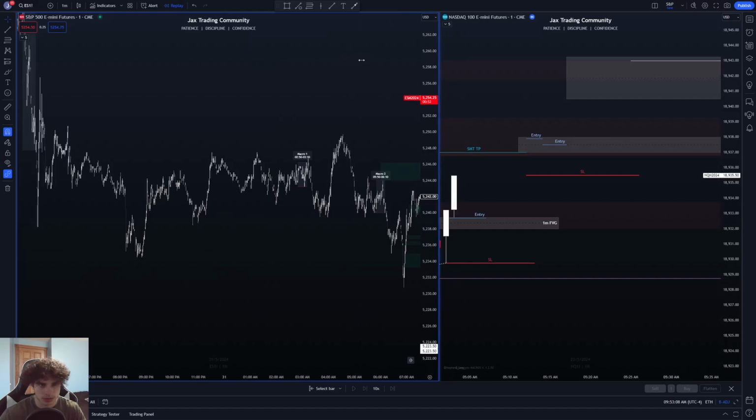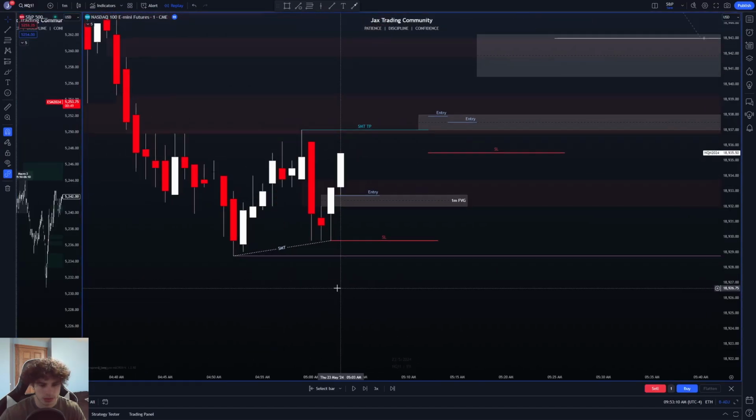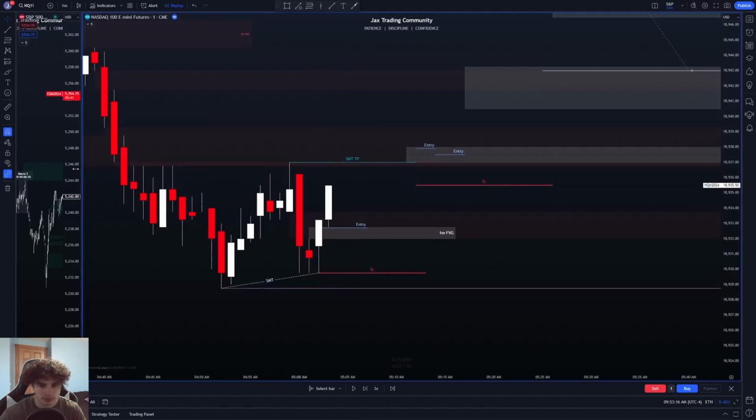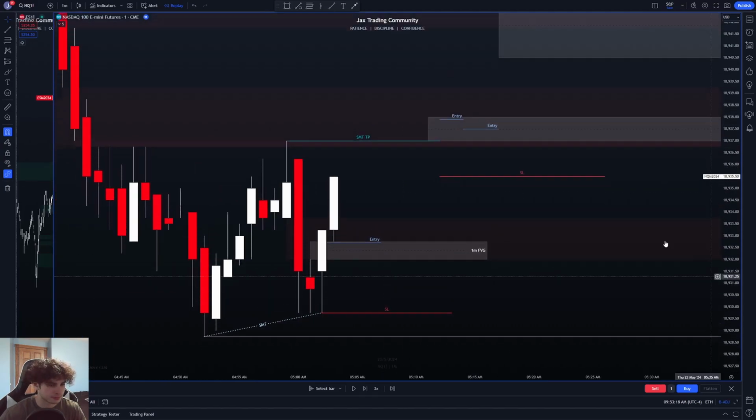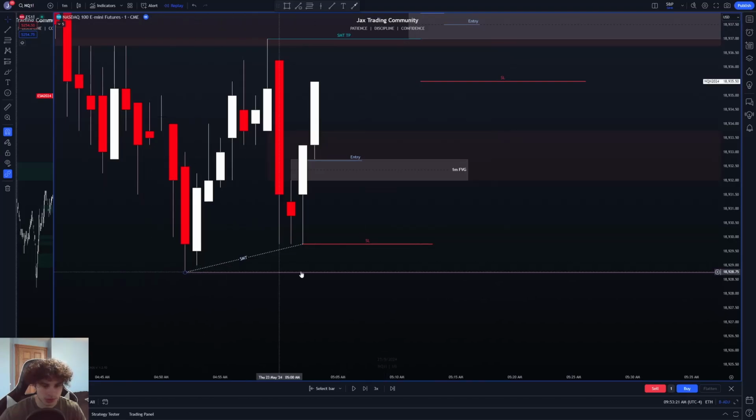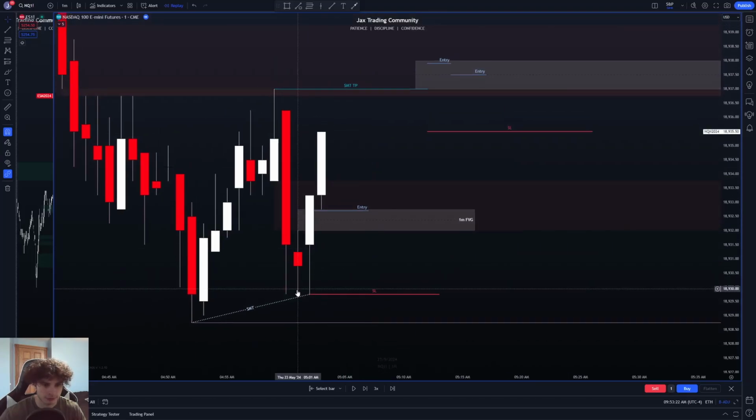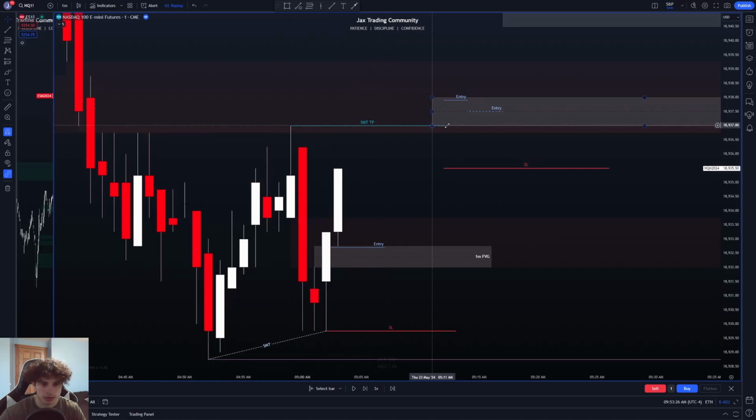It's a divergence. So right here, ES would have actually made a lower low, while NQ makes a higher low. So this low right here is protected. We should not go back down to this low after we have a displacement up like this. And this is your SMT TP.